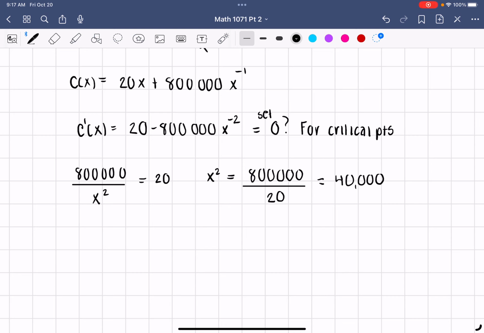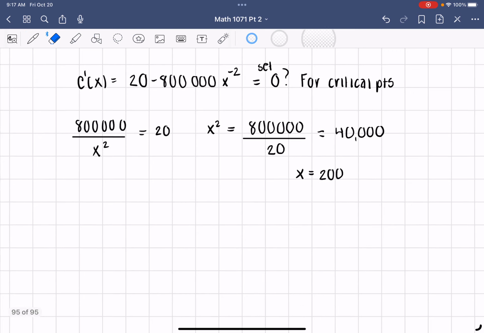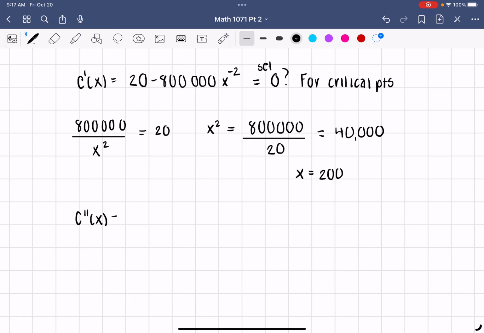So minimum at x is 200. I guess the only other thing to do, let's get y. Remember coming back up here? Y was 20,000 over x. X is now 200. So I got y is 1,000.